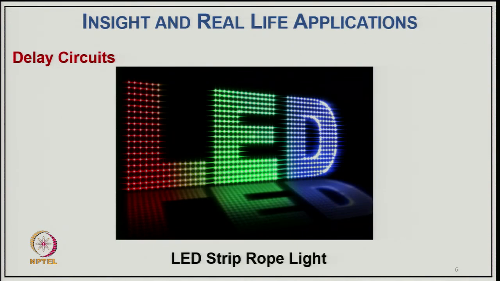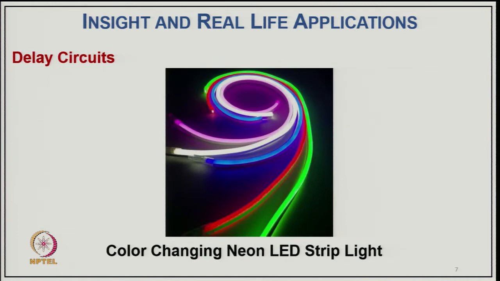Another is delay circuits for LED strip probe light, where with the delay it keeps changing the colors of different parts of the display. Another example is a color changing neon LED strip light, as you can see, which really gives the picture in sense.